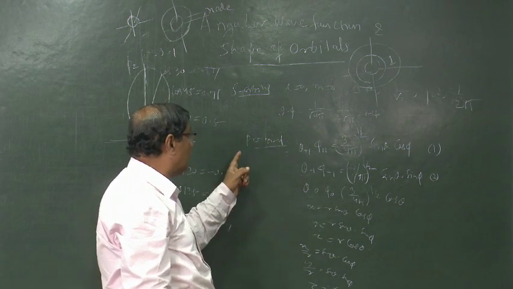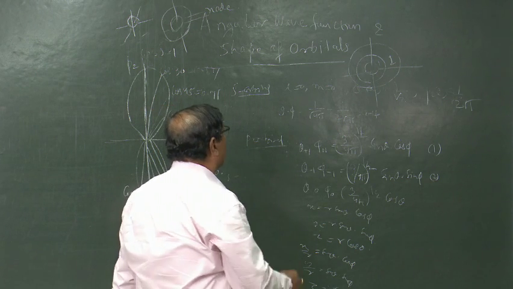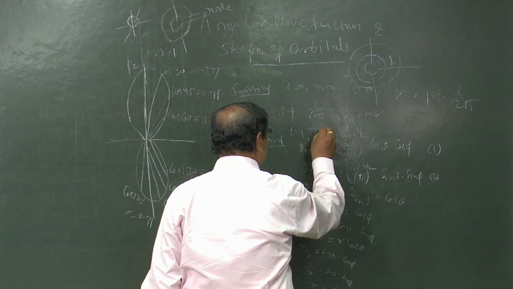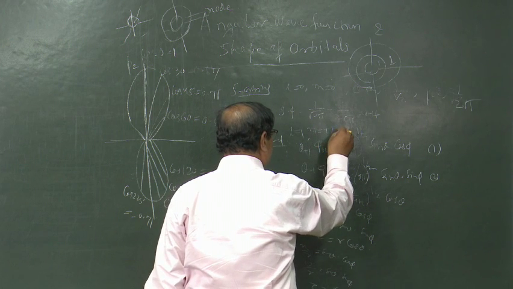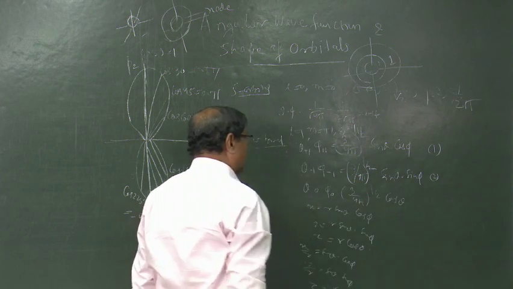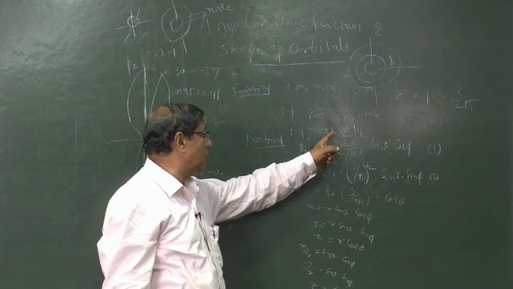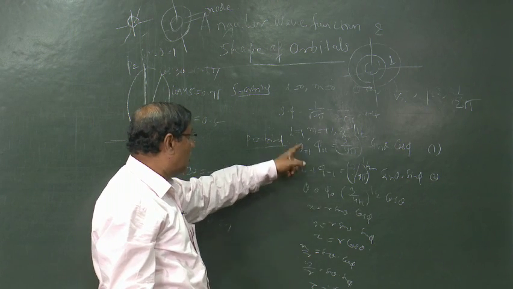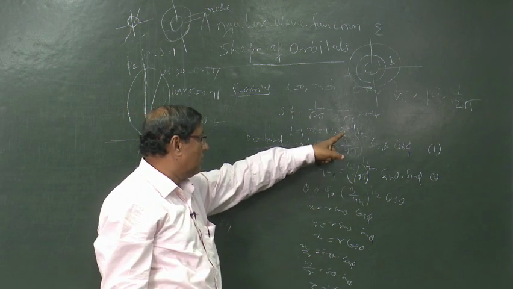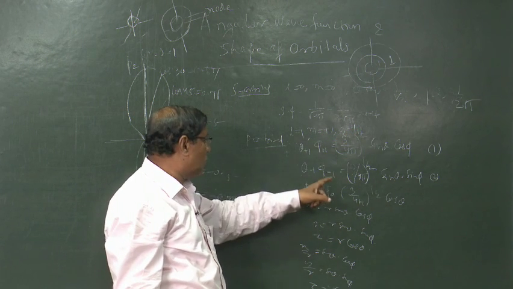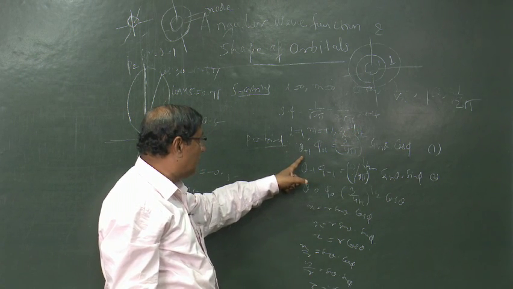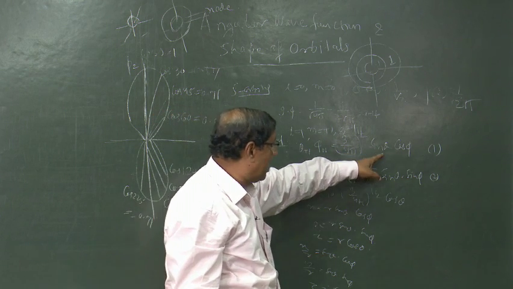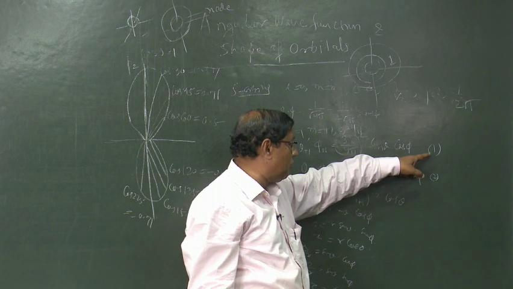Now, let us come to the p orbital, where L is equal to 1 and m is equal to plus 1, 0 and minus 1. These three values correspond to three orbitals. So, there are three angular wave functions corresponding to m plus 1, 0 and minus 1. The angular wave function corresponding to plus 1 is root of 3 by 4 pi times sin theta cos phi, represented by equation 1.